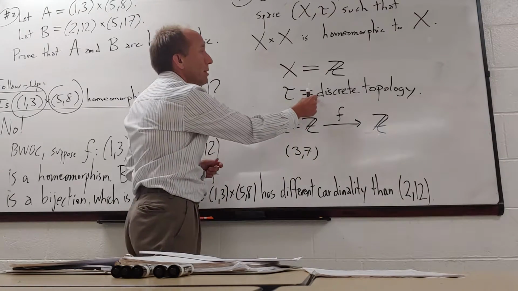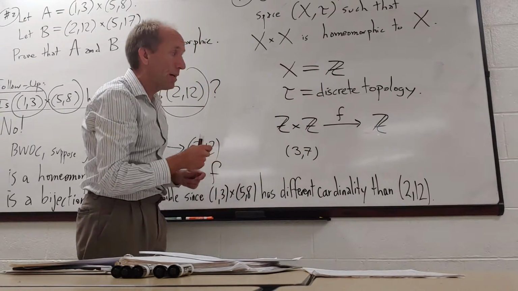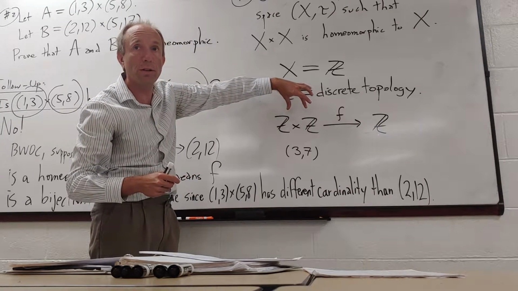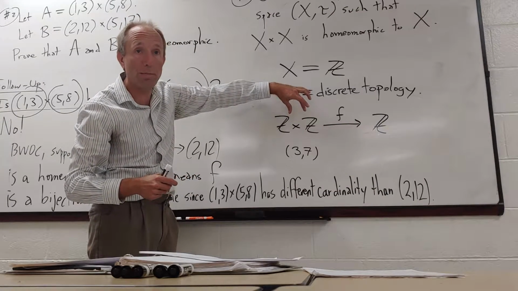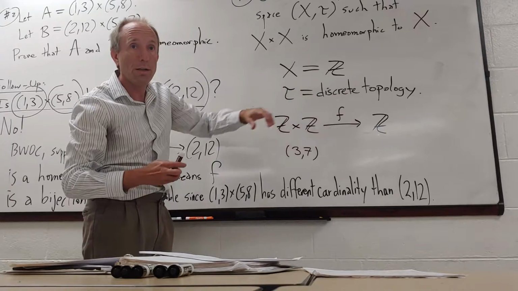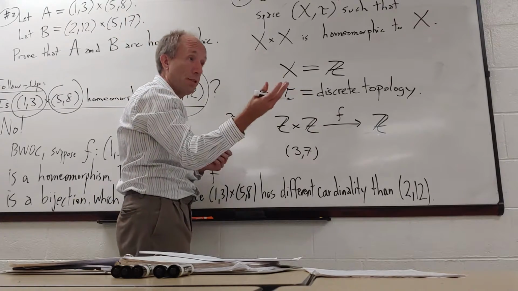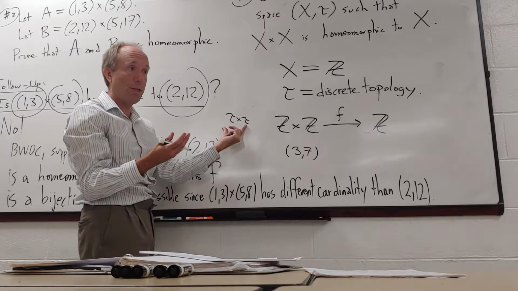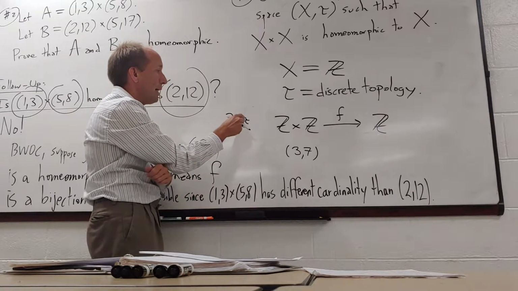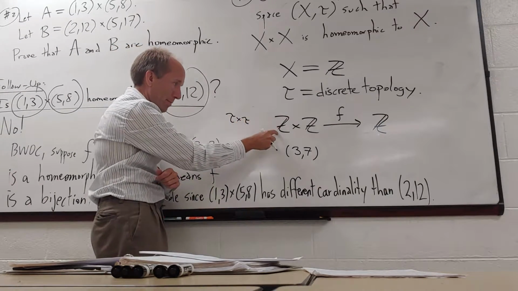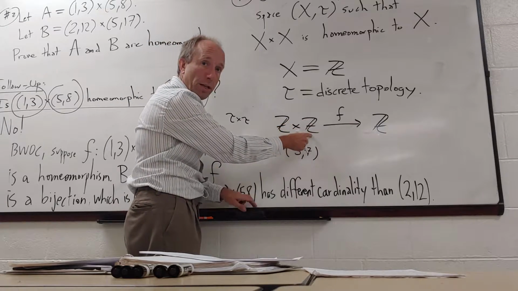Well, it's the discrete topology on Z. Okay, so now what's the topology on the Cartesian product? The product topology is the union of the crosses of the bases, so it's tau cross tau. We have a basis for this topology, which consists of taking anything open from here, cross with anything open from here.